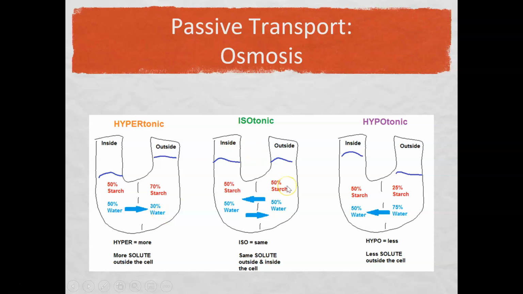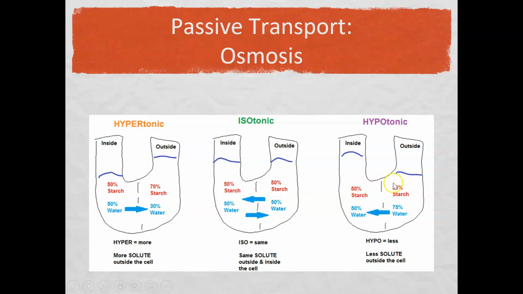If I look at an isotonic solution, now 50% starch, 50% water still inside my cells, but in order to make it isotonic, I also need the same concentration, so a 50-50 on the outside. So water's still moving in both directions, it's just that we're not causing that water level to change. So your cells stay the same shape, everything's kind of good.